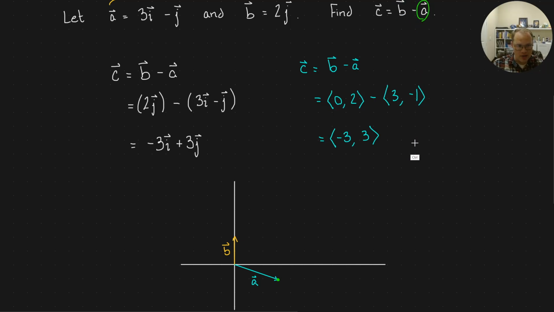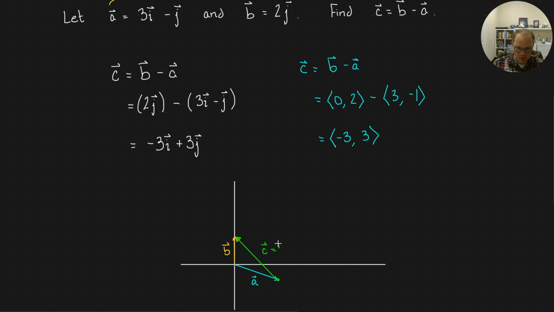End minus start, A should be the start. So tip of A, and I want to go -3, 3, right? -3 units in the x direction, 3 units in the y direction. So 1, 2, 3 units in the negative x direction, 1, 2, 3 units in the y direction does indeed complete our triangle.